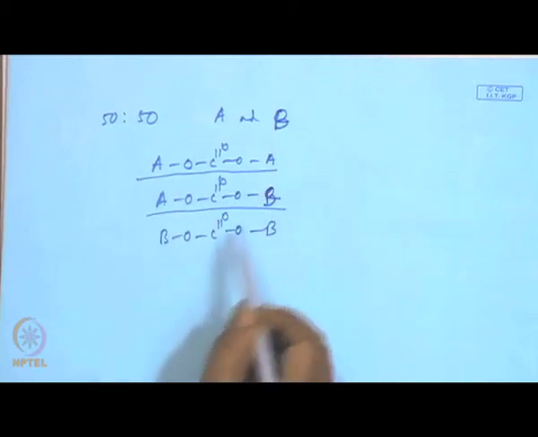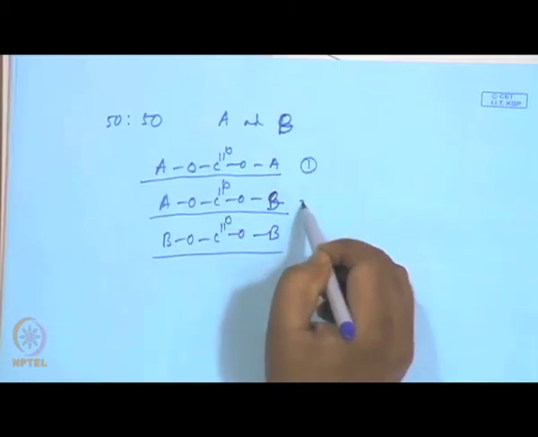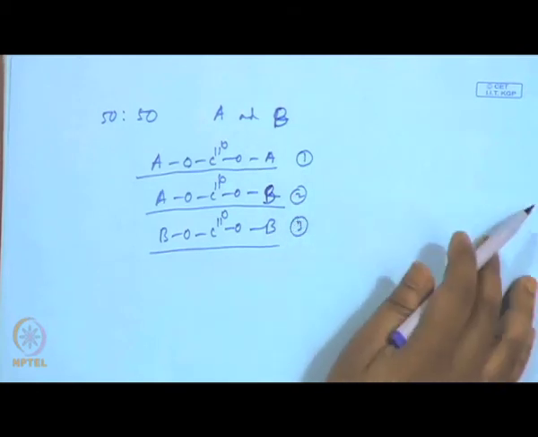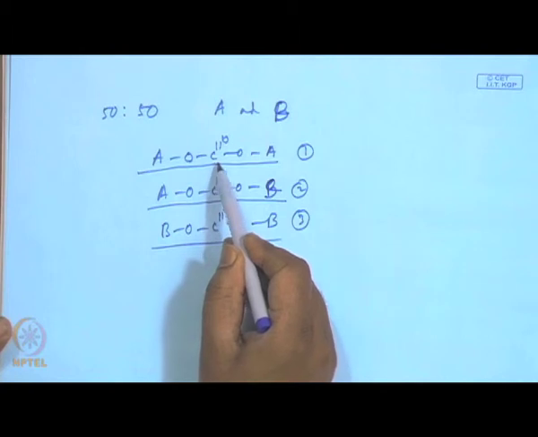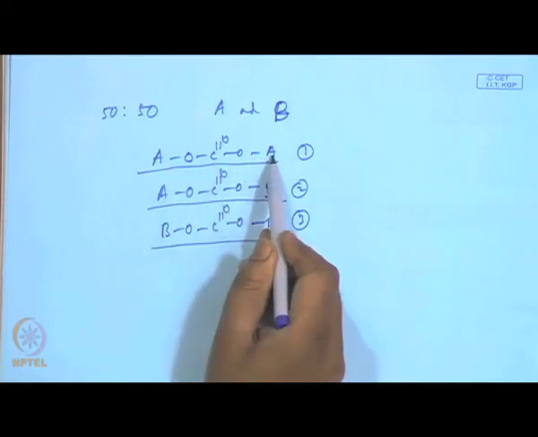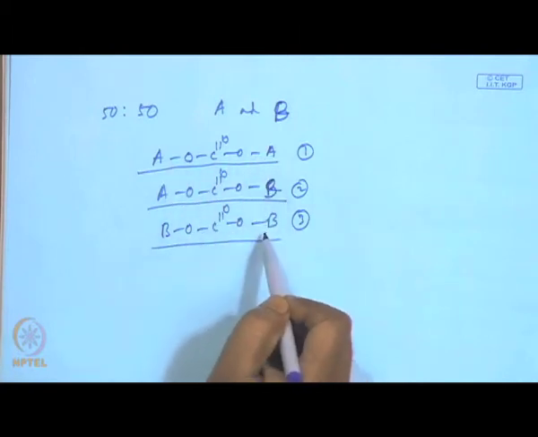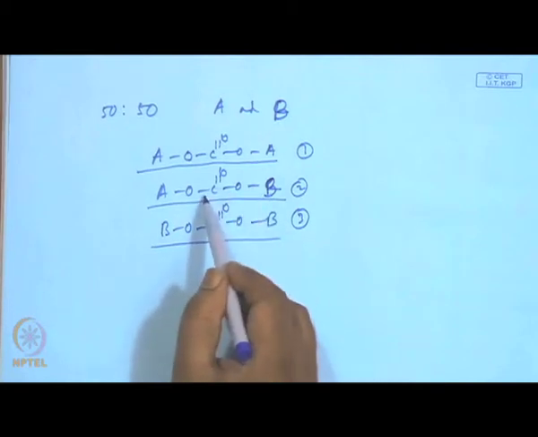This is 1, 2, 3. Now, this peak we can find out from a homopolycarbonate of A, this one from a homopolycarbonate of C. So the third peak would be from this.